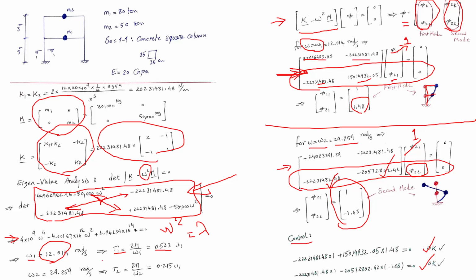For example, in the first attempt, if you assume phi 1,1 equal to minus 1, you will come up with minus 1 and minus 1.48. So the first story goes 1 unit to the left, and the second story goes 1.48 to the left. These mode shapes are relative: the first mode shape can be 1 and 1.48, or minus 1 and minus 1.48.